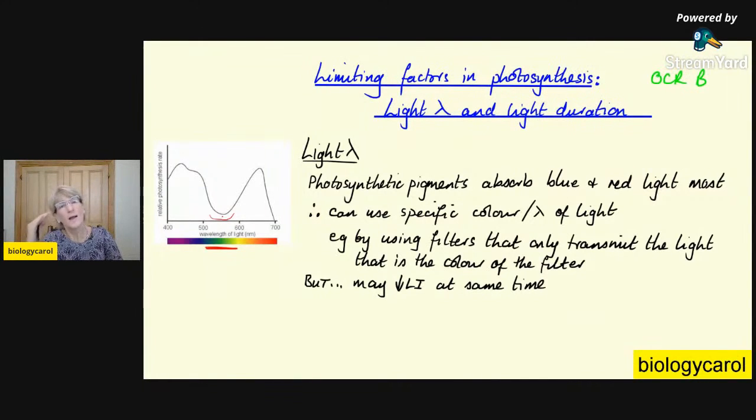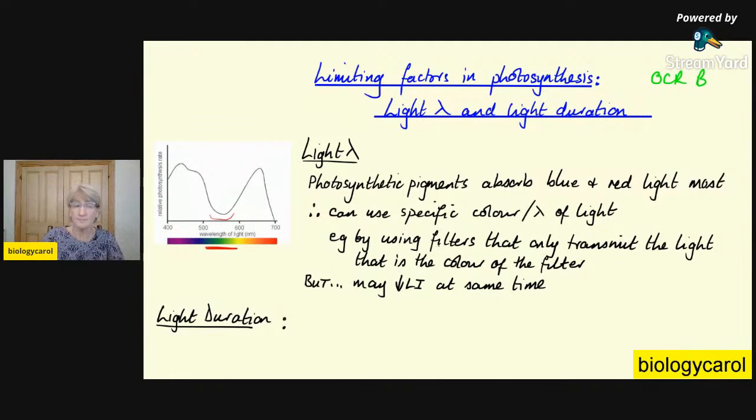And that's why we see leaves as green, because these wavelengths of light are the one set of wavelengths that are hardly used in photosynthesis. It's the wavelengths at either end of the spectrum that are used primarily. I mean, obviously some is used, but not as much.